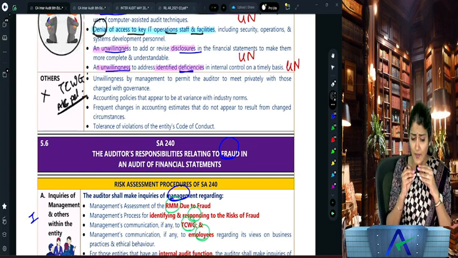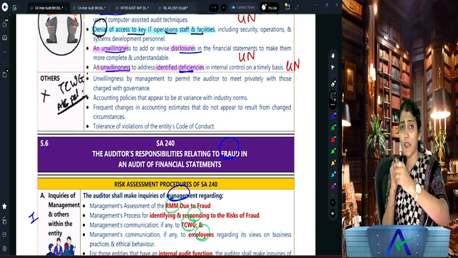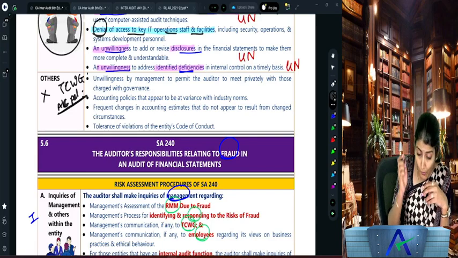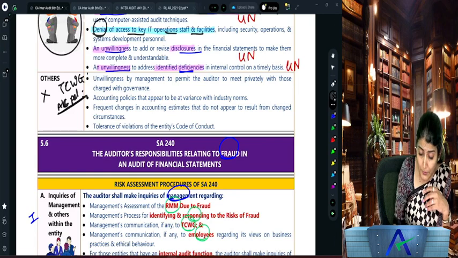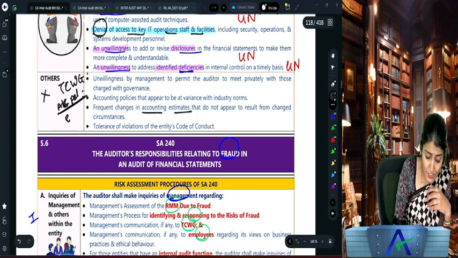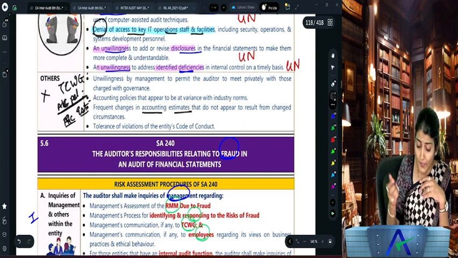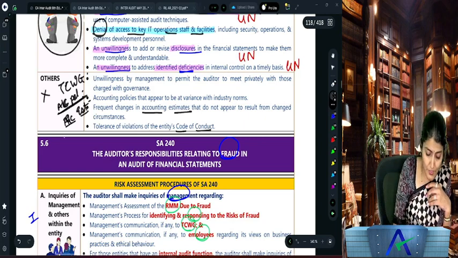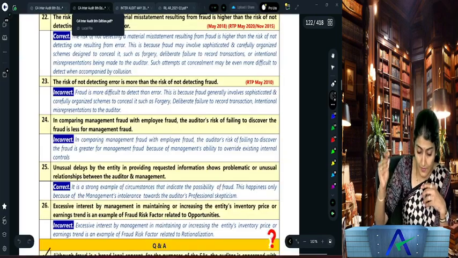Management says, I will give you the explanation. Then you say, I also need to ask the TCWG why there is frequent change in the accounting estimates, and regarding the tolerance of the violation of the code of conduct. Are you understanding that? So those are the points regarding the others.